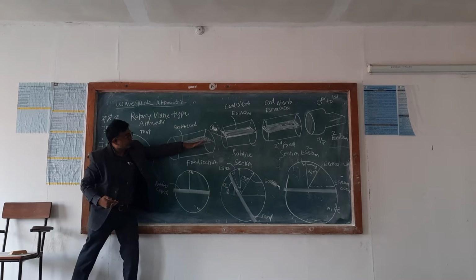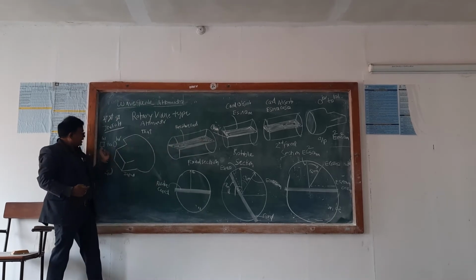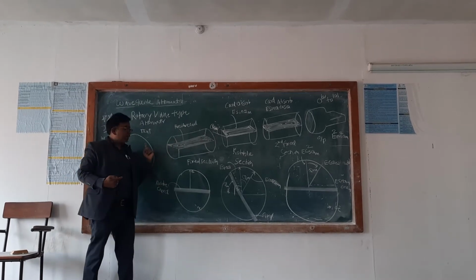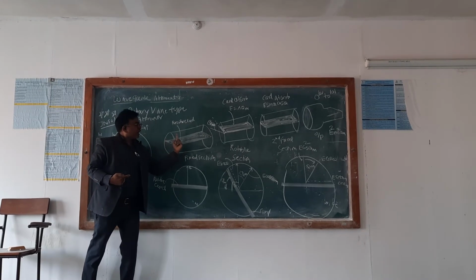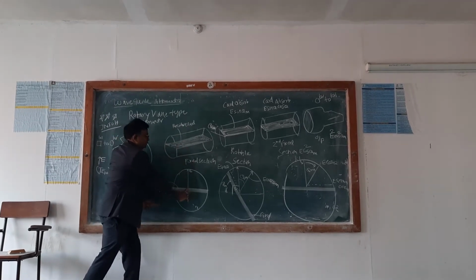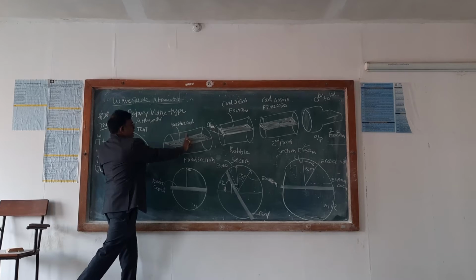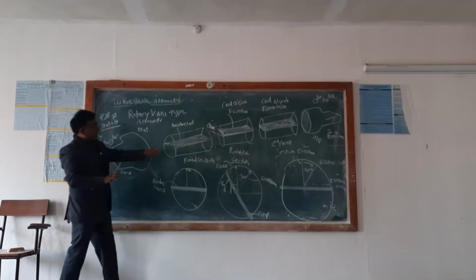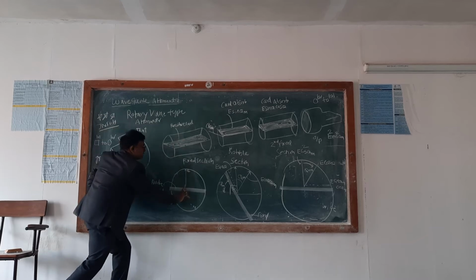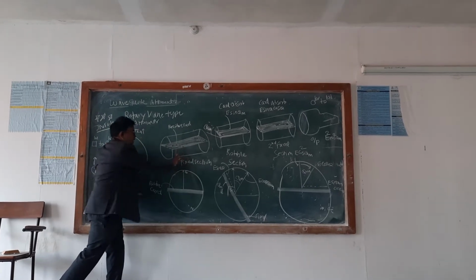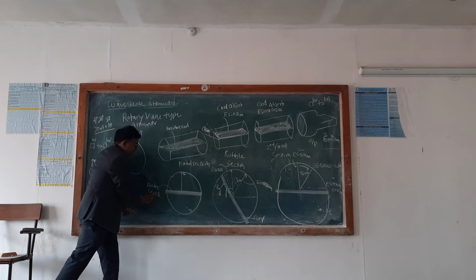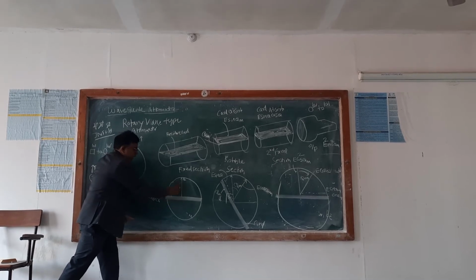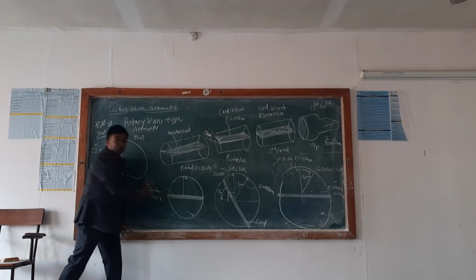The electric field entering is perpendicular to this resistive card. So at this fixed section, the electric field is perpendicular to the resistive card.